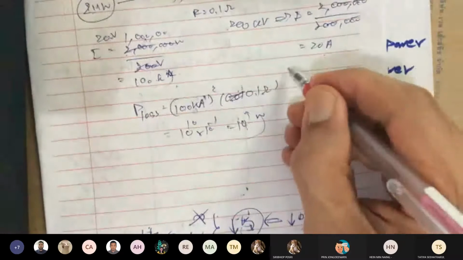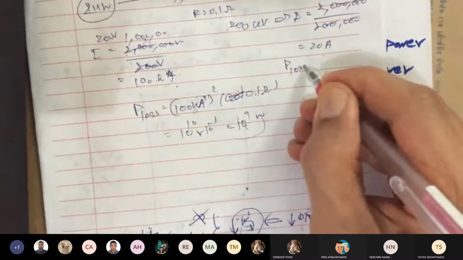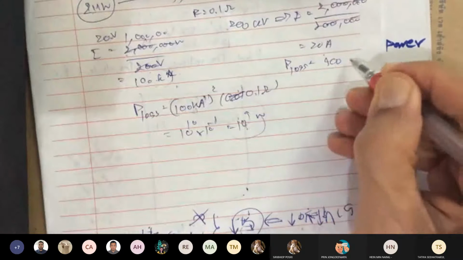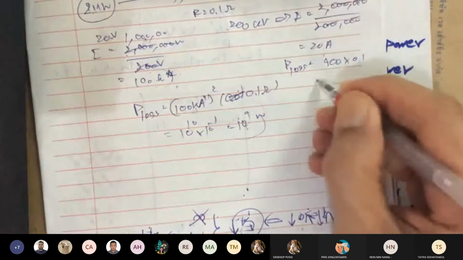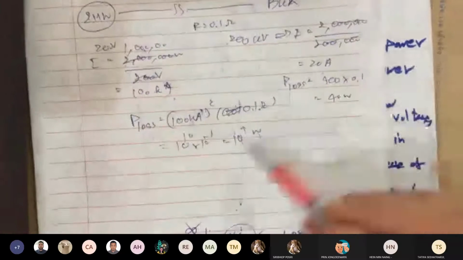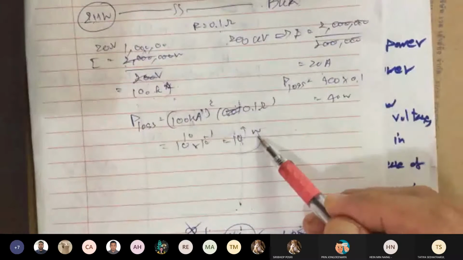Look at my losses now. 100 times 0.1, 10 watts. You see the differences here.